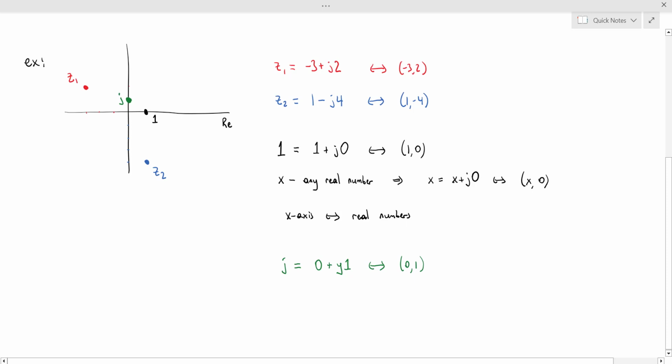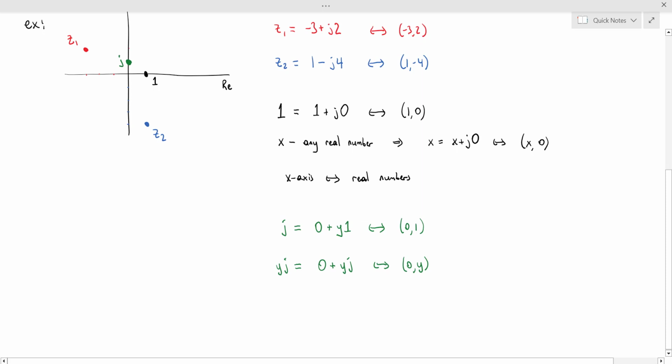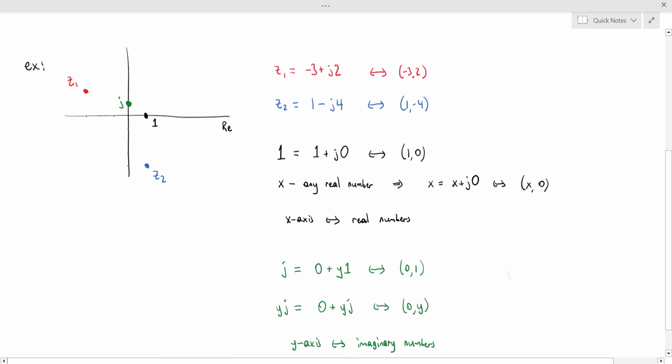More generally, any other multiple of j, you can rewrite as 0 plus yj. That would correspond to the point 0y, which would be a point on the y-axis. So points on the y-axis correspond to imaginary numbers, multiples of j. And therefore, you usually hear people refer to the y-axis as the imaginary axis when you're working in the complex plane.